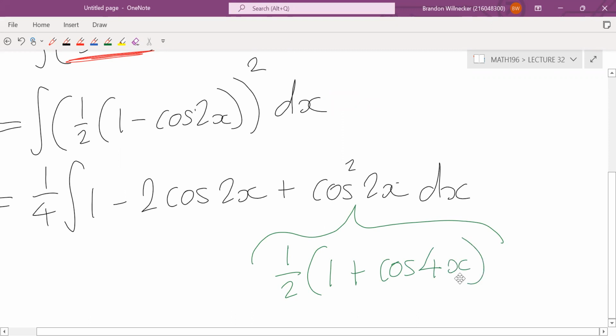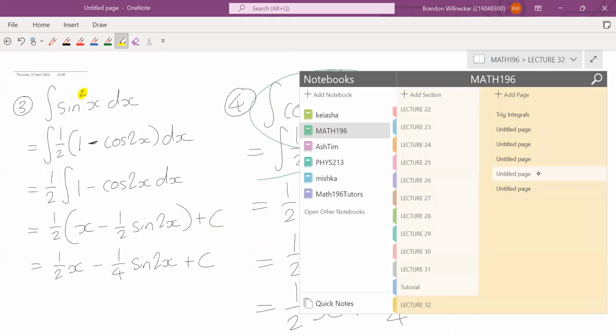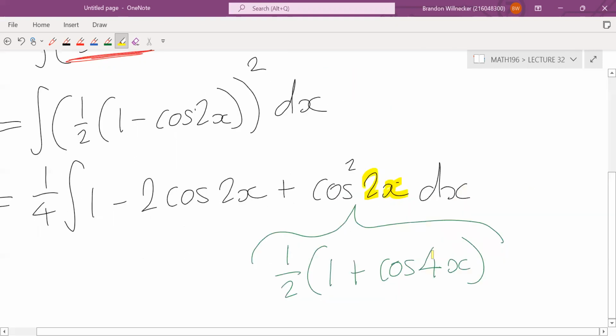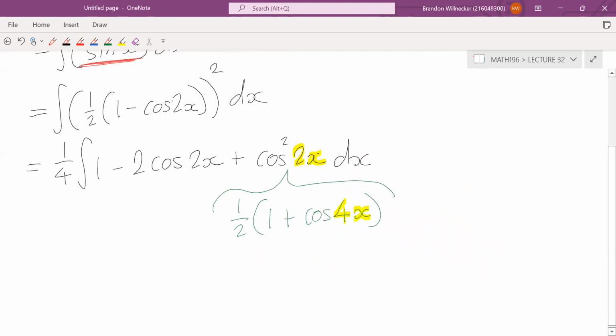Yeah, because the angle inside was 2x, when we use the formula, that angle gets doubled, like we have over here. The x becomes a 2x. So over here, the 2x becomes a 4x.